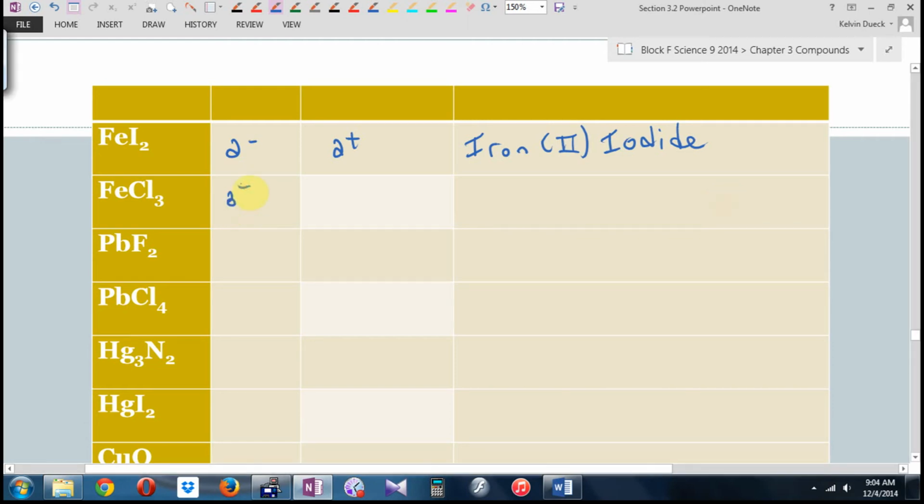Each chlorine is a -1, and there's 3 of them. So what does the total positive charge have to be? Is there only 1 iron? Yeah? Okay. Then it's going to be iron 3 chloride.